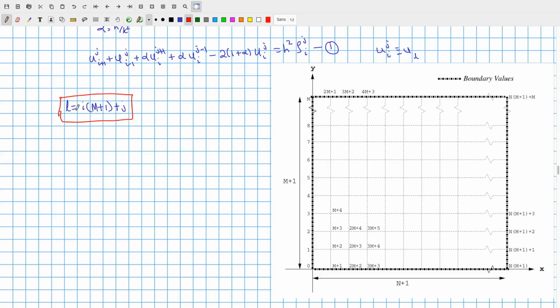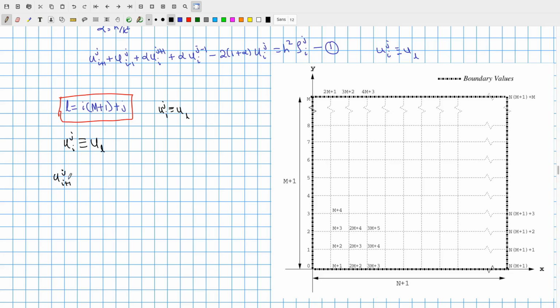So after introducing L, u of ij will become u of L. Now, when you have u of ij equal to u of L, what is going to happen for u of i plus 1, j?